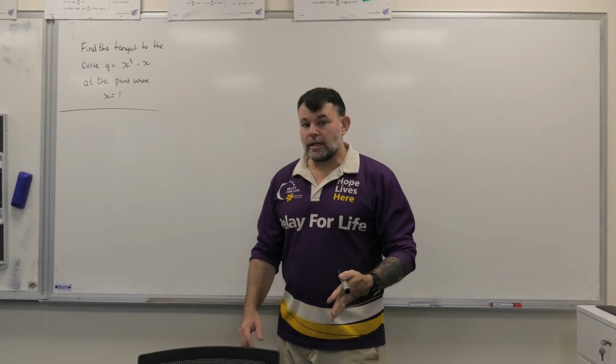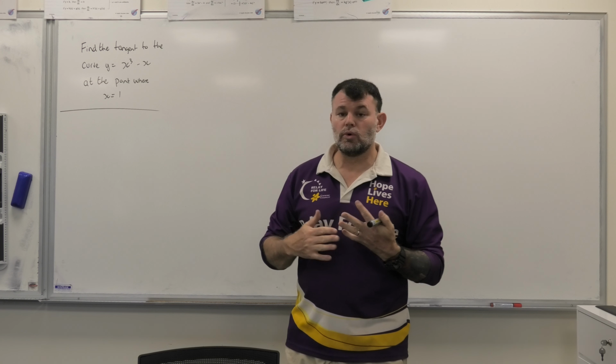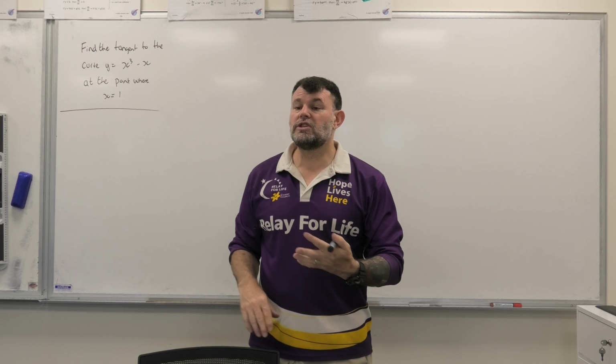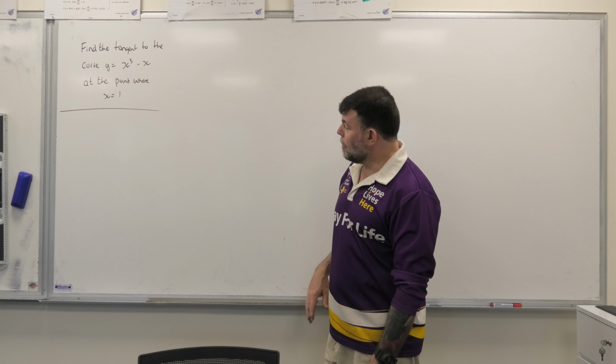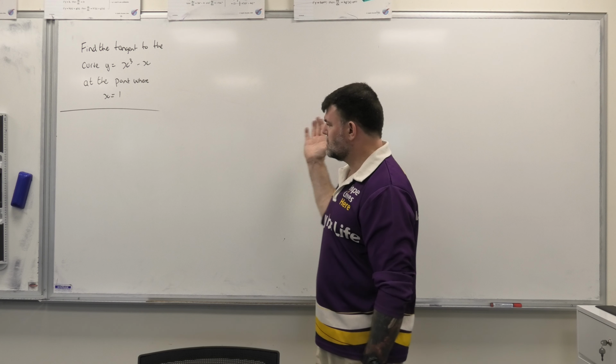Last video we looked at what a tangent and a normal were in terms of the visual aspects of it. What we're going to be looking at in our next series is actually finding the equations of those tangents and normals.